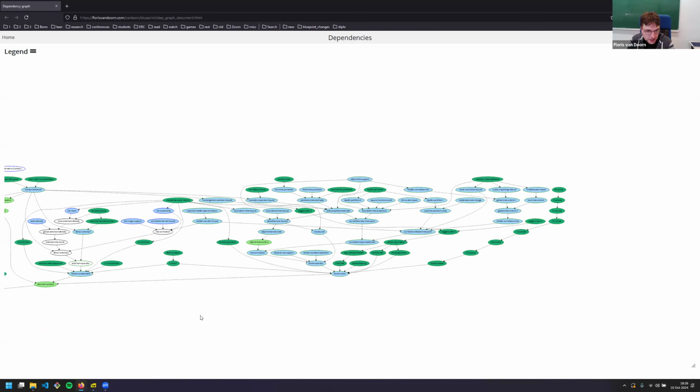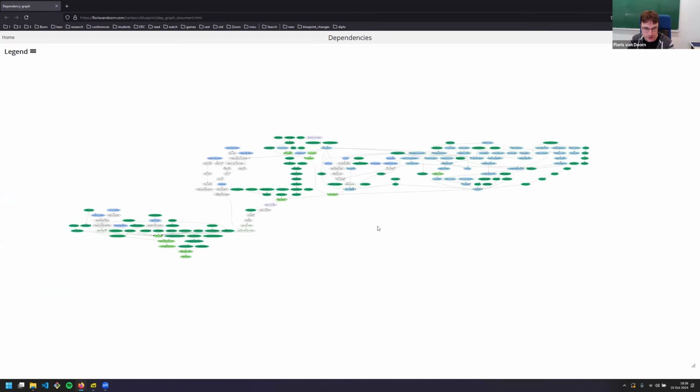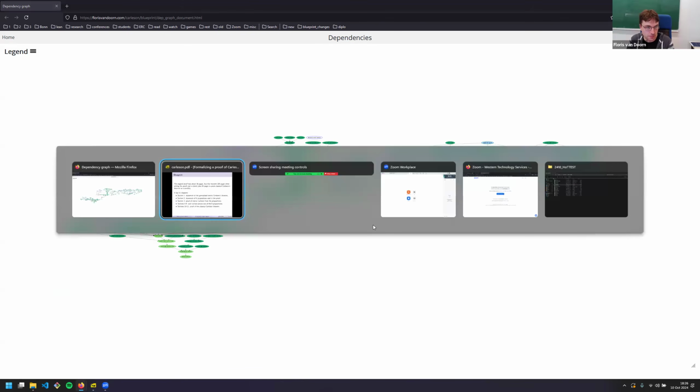One disadvantage is that we now have one dependency graph of the whole proof, so it gets quite big if you want to see the whole thing. But it's nice to have a visual indicator of the progress of the proof, and we've now formalized about half of the lemmas, the proofs of them.